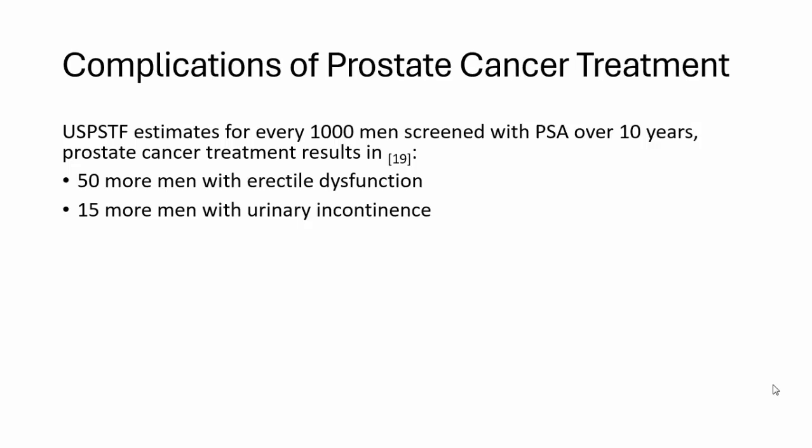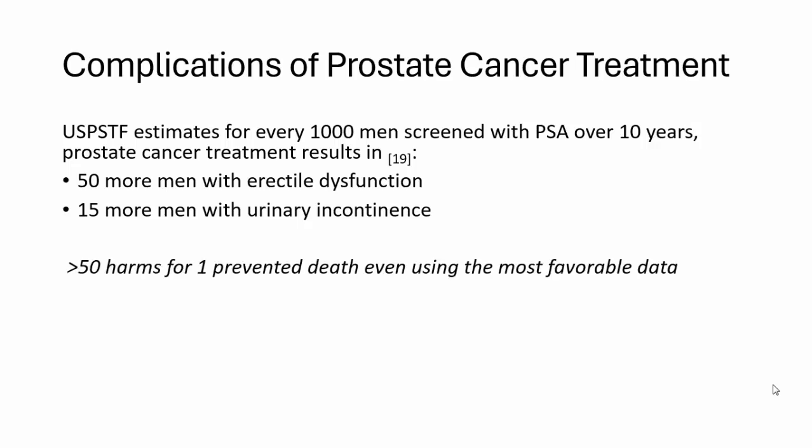The effects of prostate cancer treatment are more significant and longer lasting. The United States Preventive Services Task Force estimates that for every 1,000 men screened with PSA over 10 years, the resulting prostate cancer treatment causes 54 more men to have erectile dysfunction and 15 more men to have urinary incontinence.